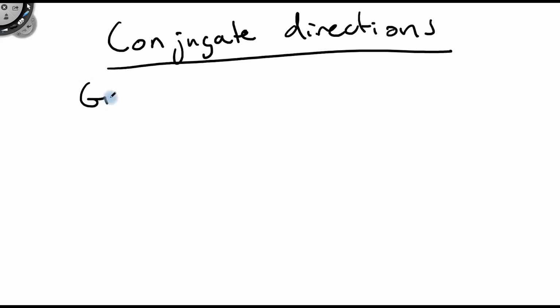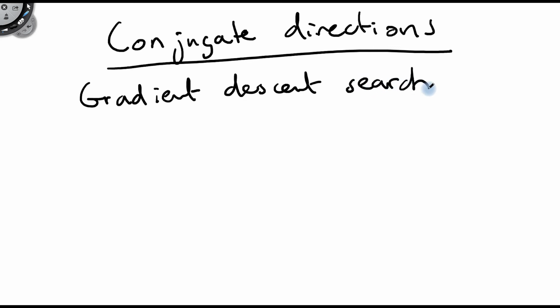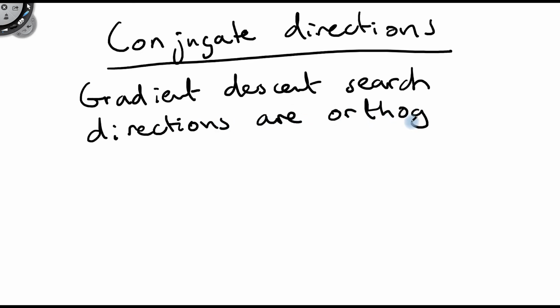In gradient descent, the search directions are orthogonal. And these search directions, remember, we're going to call Si and Sj in this case.